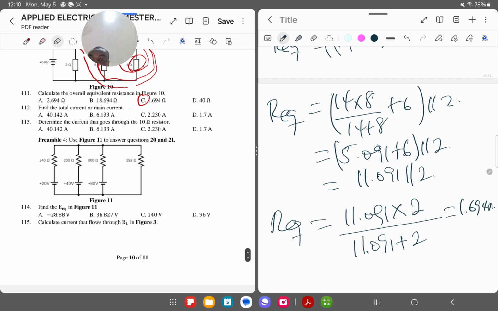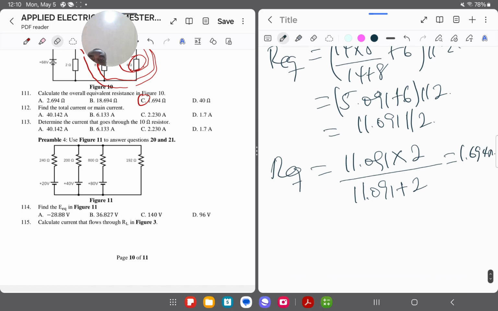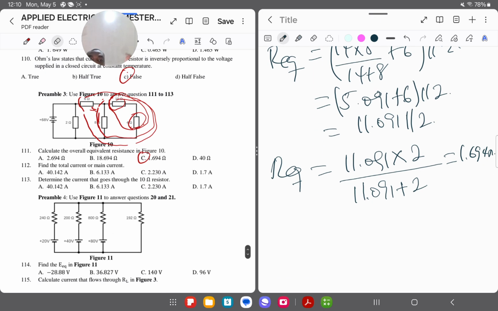Now moving to 112, find the total current or main current. Once we've gotten this, we know this is our overall equivalent resistance. So we now have our 68 volts and our equivalent resistance, which is 1.694.